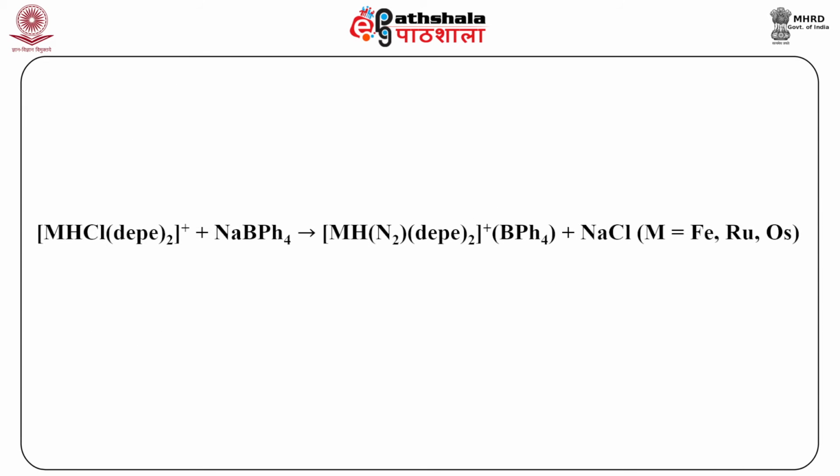This reaction may proceed through the formation of a solvated intermediate. For example, in the reaction shown here, the sodium tetraphenyl borate is forming an intermediate complex with the given complex. The given complex can then react with dinitrogen to form dinitrogen complex.